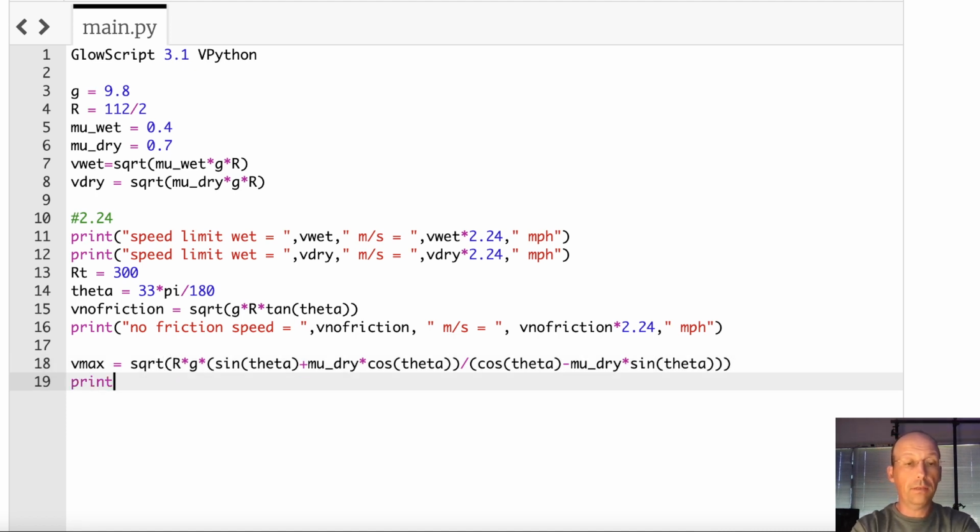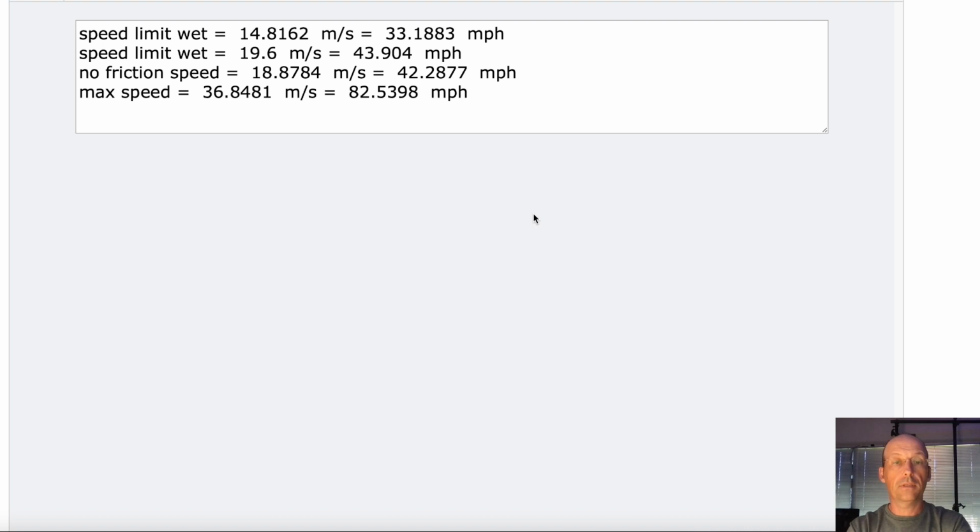And let's say print max speed equals Vmax meters per second equals Vmax times 2.24 miles per hour. Let's see what happens. 82.